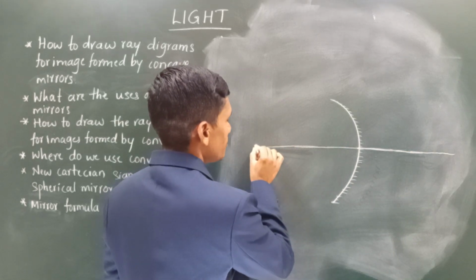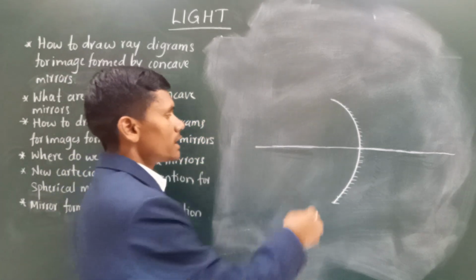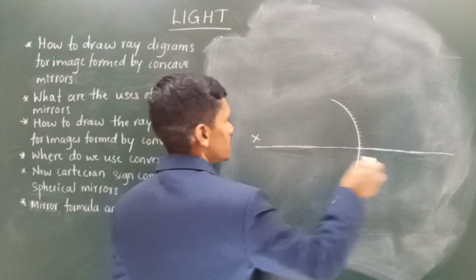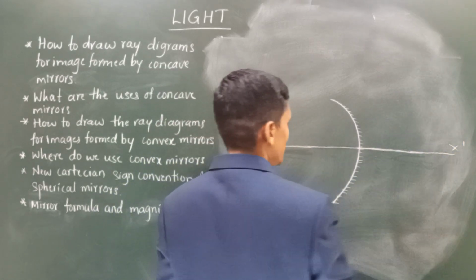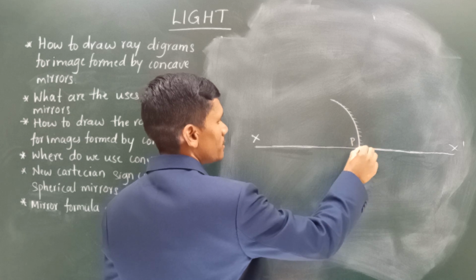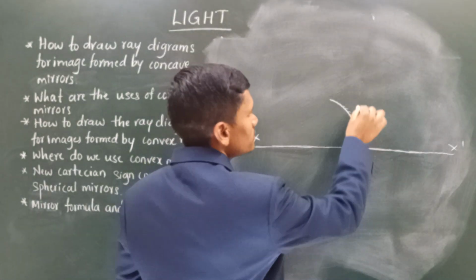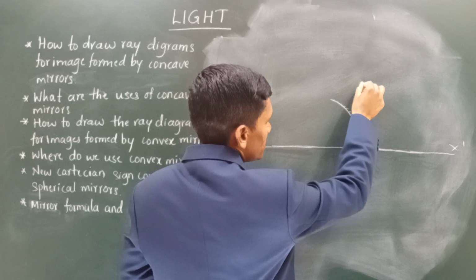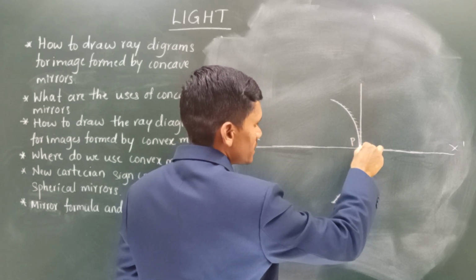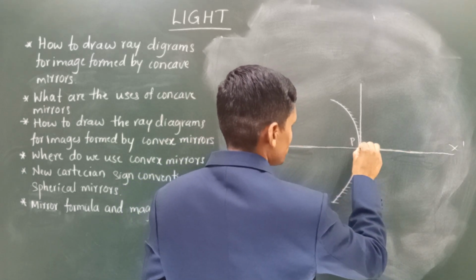According to this new Cartesian sign convention, we are considering this principal axis as x-axis, x dash. And this is the pole of the mirror. This is considered as the origin. If you consider it like a graph, this point will be the origin.